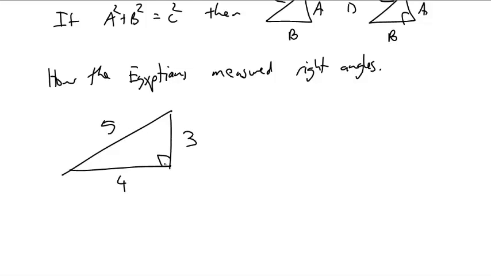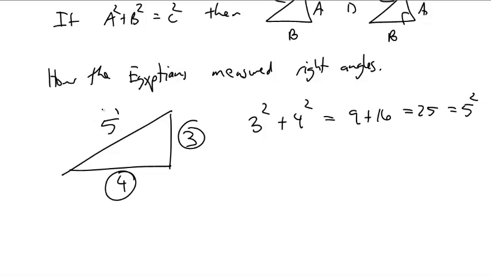A triangle with sides 3, 4, and 5, well, 3 squared plus 4 squared is 9 plus 16 is 25. That just happens to be 5 squared. And because the square of the 3 plus the square of the 4 is the square of the 5, that means that this is a right triangle.